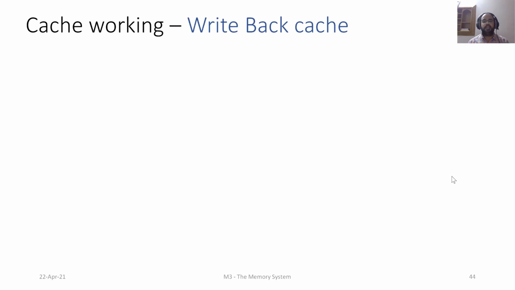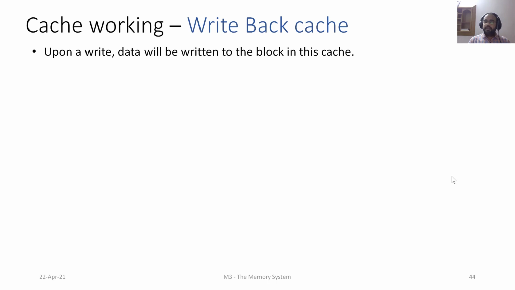We'll start with the write back cache. What a write back cache does is, whenever a write request comes to one level of cache, it will be written only in that level.